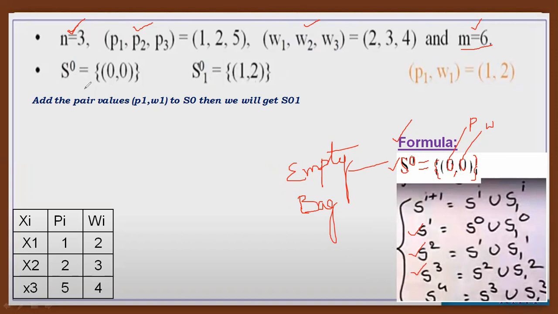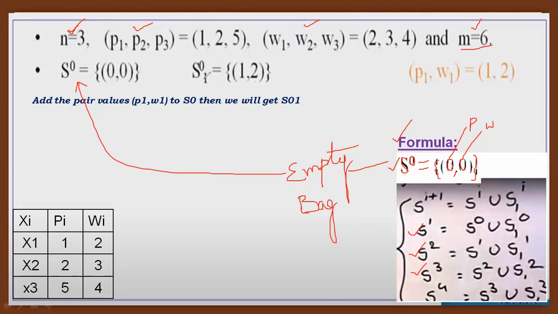So initially set S power 0 equal to 0 comma 0. That means that you should carry an empty bag initially. Once you carry an empty bag, the next step is to find S power 0 base 1 value. So how to find S power 0 base 1 value?